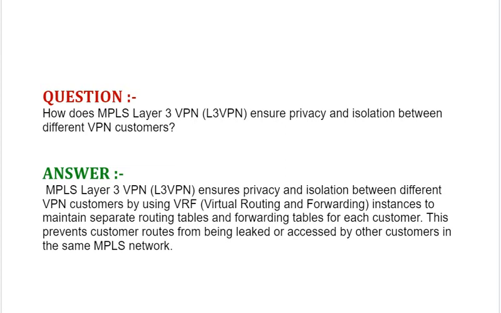Your answer should be: MPLS Layer 3 VPN ensures privacy and isolation between different VPN customers by using VRF, virtual routing and forwarding instances, to maintain separate routing tables and forwarding tables for each customer. This prevents customer routes from being leaked or accessed by other customers in the same MPLS network.